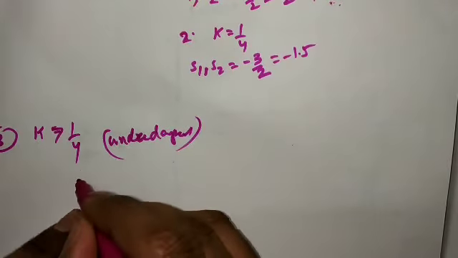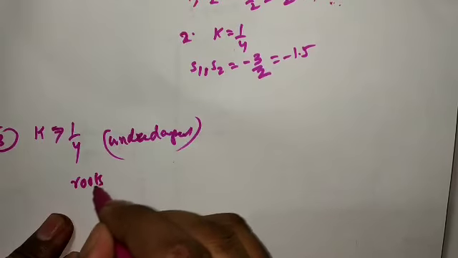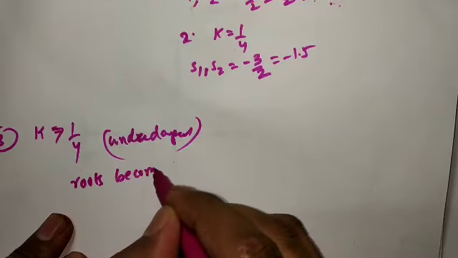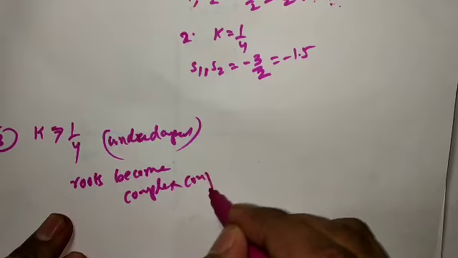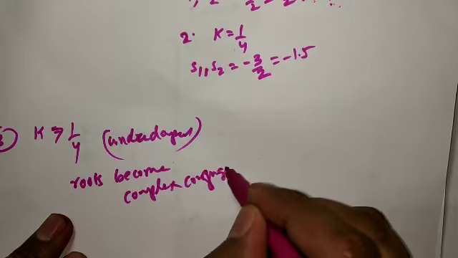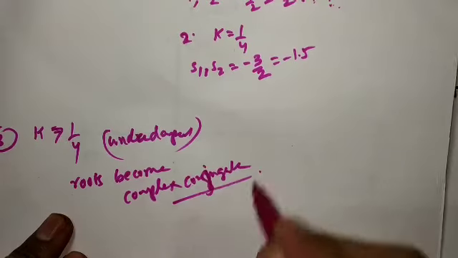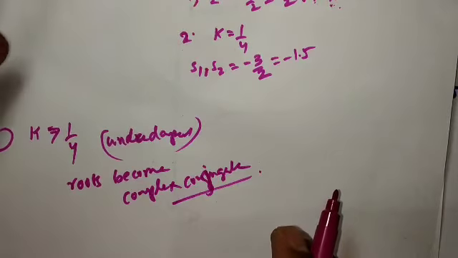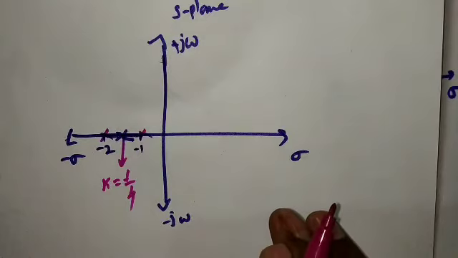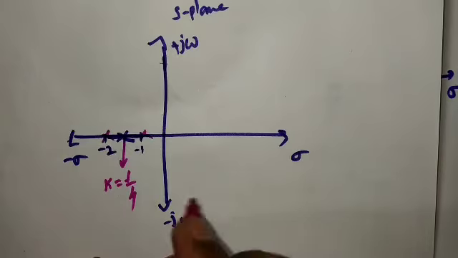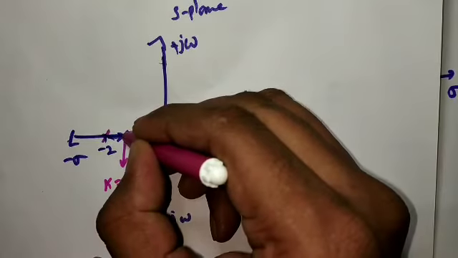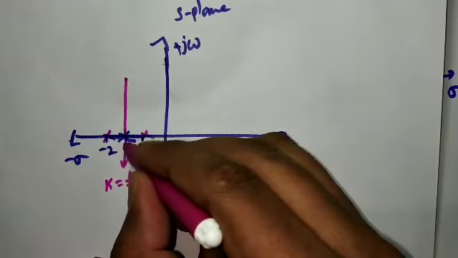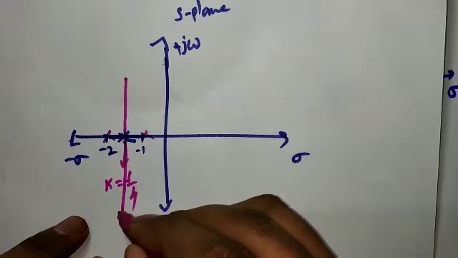When you further increase k, the roots become complex conjugate, as you see here in the picture. If we further increase the k value, it will break away, and one root moves in this direction, another root moves in this direction.